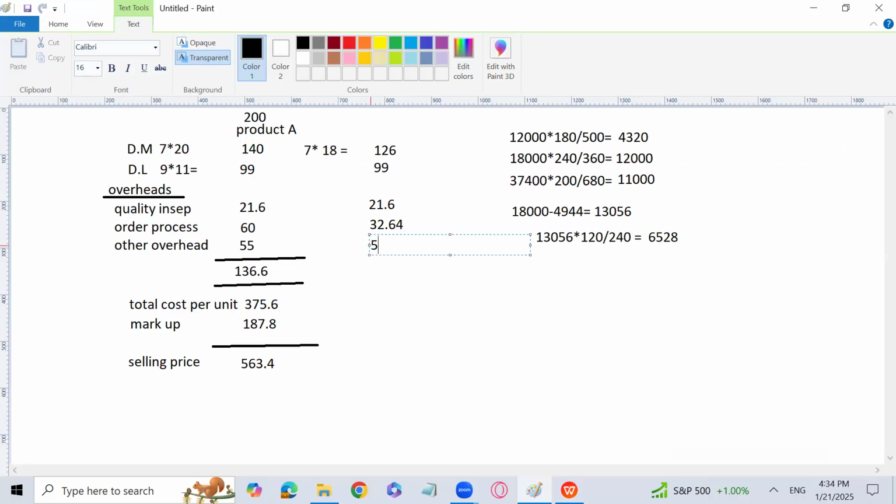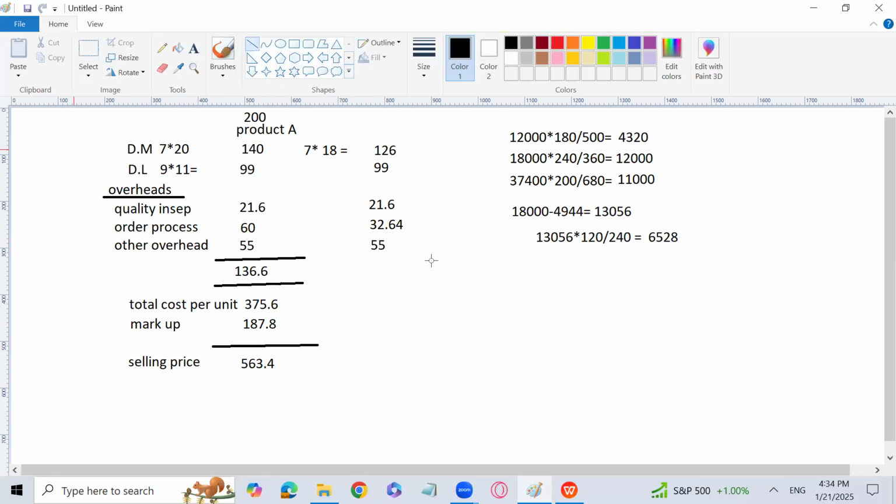So we can go for the total of overheads and then the total cost per unit.